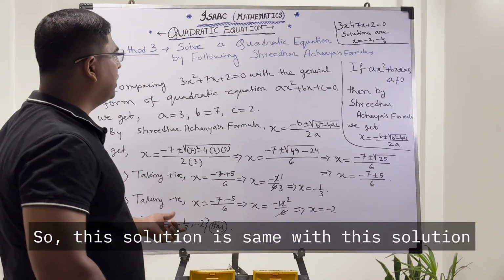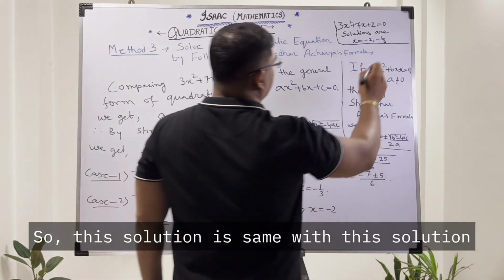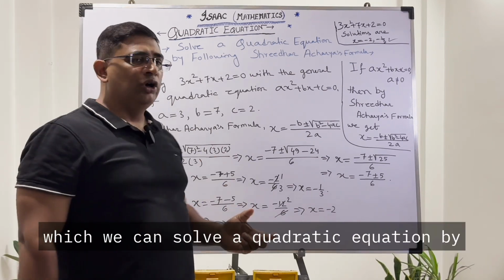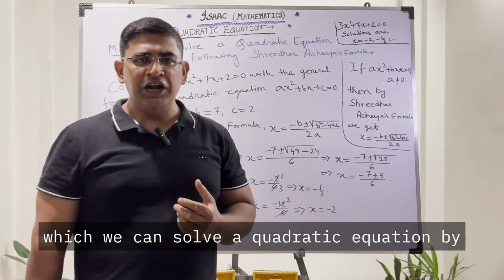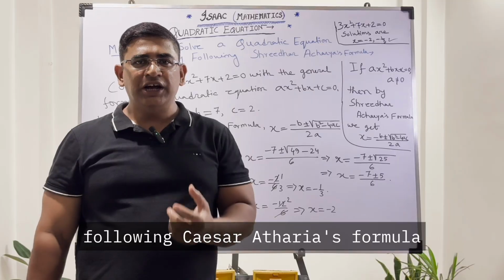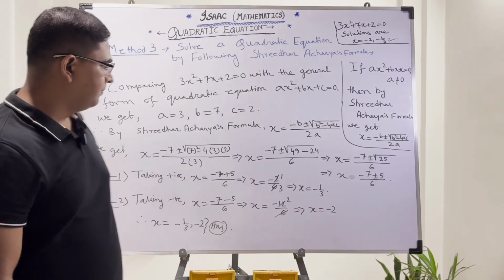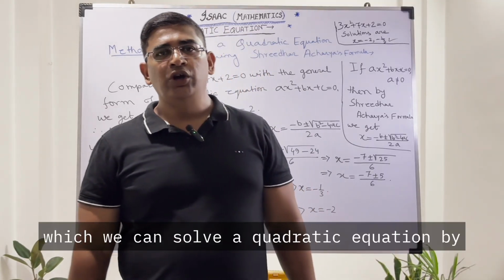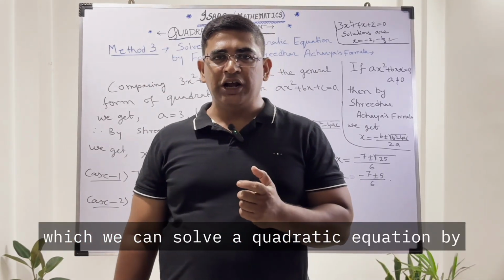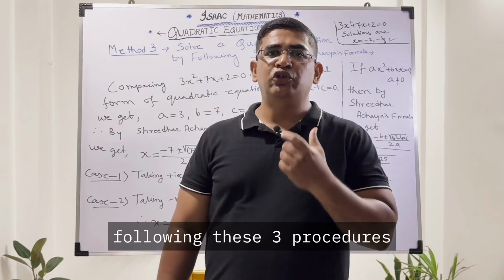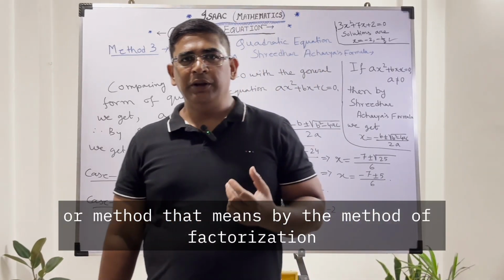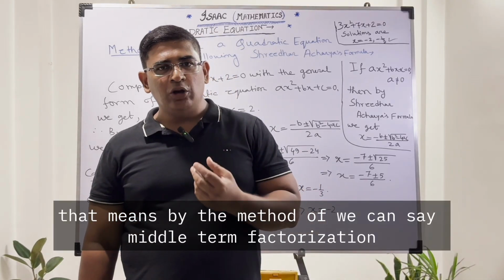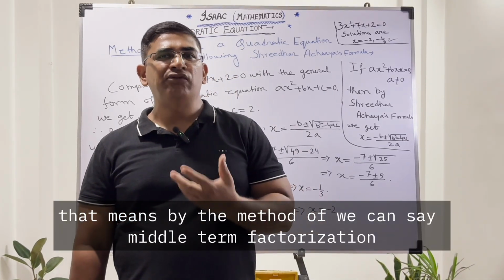So, this solution is same with this solution. So, this is the way by which we can solve a quadratic equation by following Sridhar Acharya's formula. This is the way by which we can solve a quadratic equation by following these three procedures or methods. That means by the method of factorization, that is, middle term factorization.